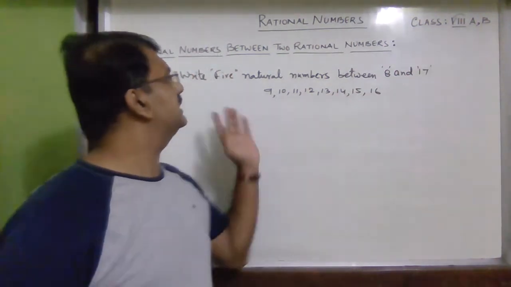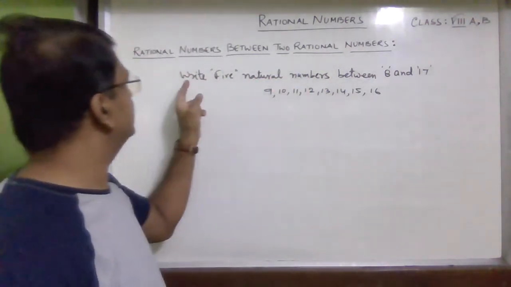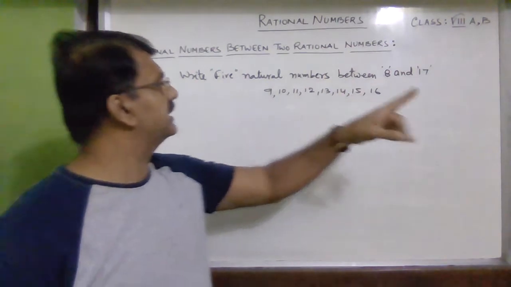Now out of these natural numbers you can write any 5. They are saying write 5 natural numbers between 8 and 17.